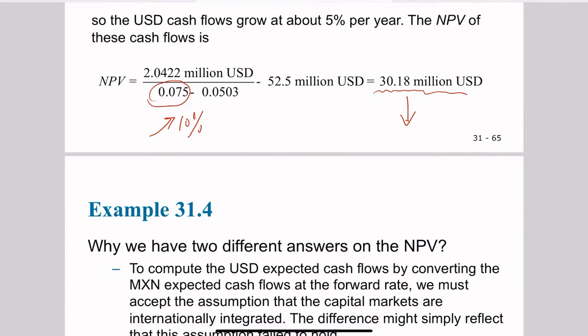So maybe in the end, if you adjust the cost of capital between these two countries, you can make sure these two NPVs under two methods will be the same. However, because potentially the capital markets between the US and Mexico are segmented, then you will get these large differences in the cost of capital. And this will give you different results when you're discounting cash flows using Mexican cost of capital or using the US cost of capital.